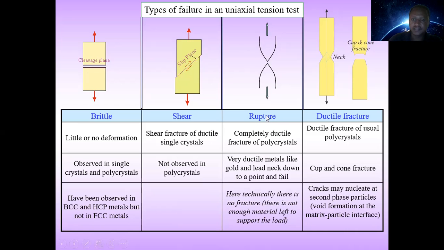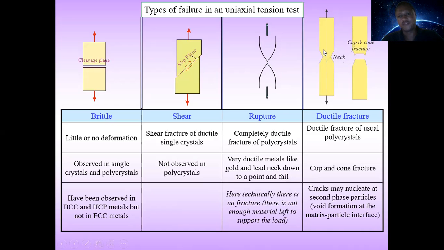And here it is rupture mode. So completely ductile fracture of crystals: very ductile metals like gold and lead neck down to a point and fade. Here technically there is no fracture. There is not enough material left to support the load. Another is ductile fracture.